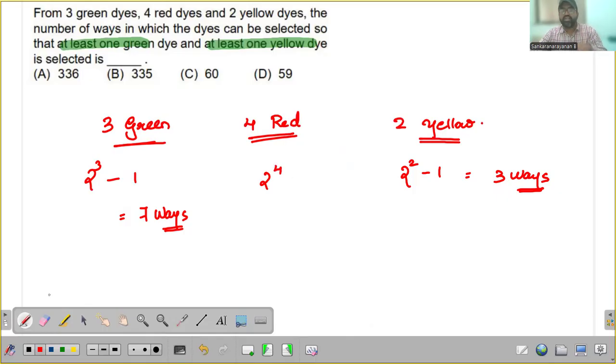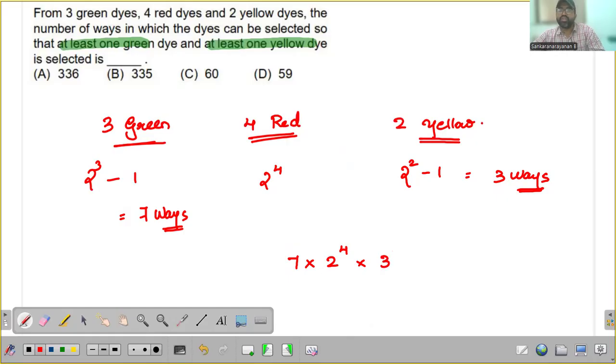Now, let's sum up all these things. The total number of ways you can deal with the red dice is 2 power 4. Green dice, it is 7. Yellow dice, it is 3. So my final answer is all about dealing with the green die, the red die and the yellow die.